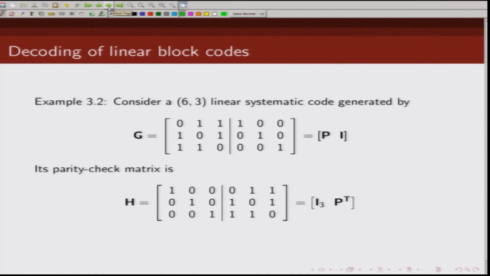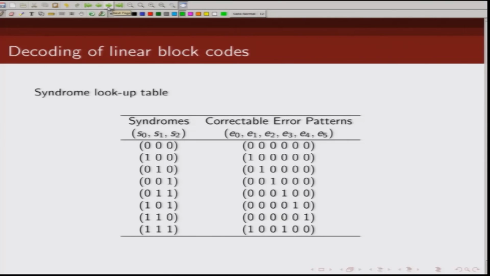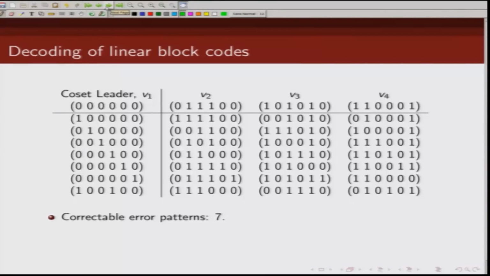So, this is our 6-3 systematic linear binary code whose generator matrix is given by this and parity check matrix is given by this. These are encoding equations. This is a mapping of the syndrome to the coset leader. So, the first step involved in this is creation of standard array, and I believe now you know how to create a standard array.